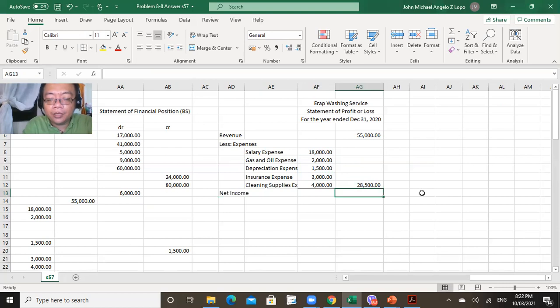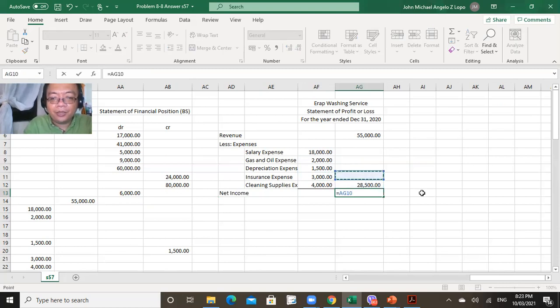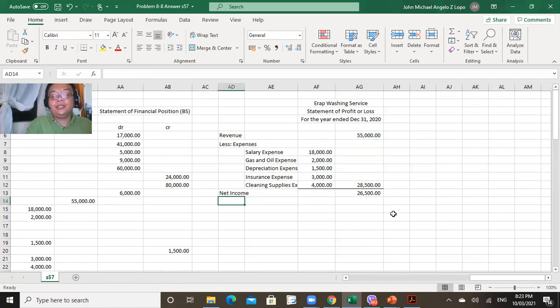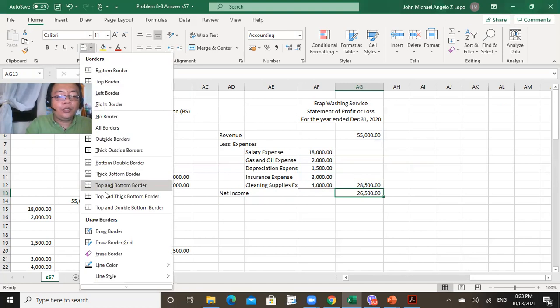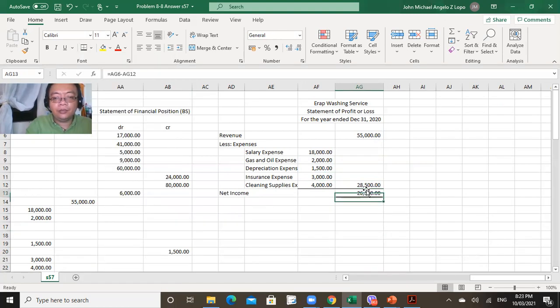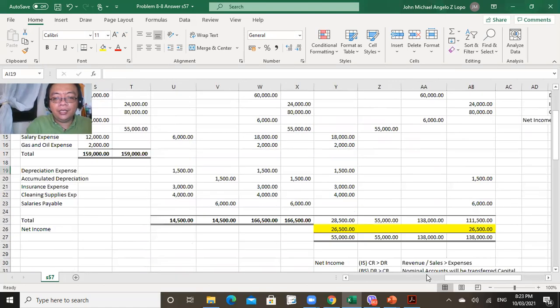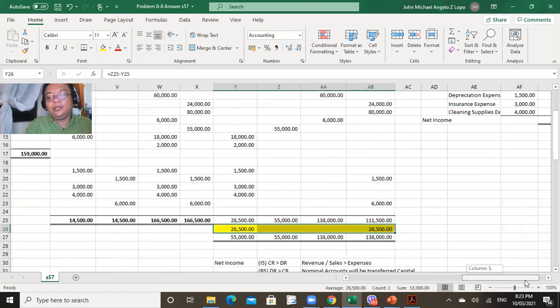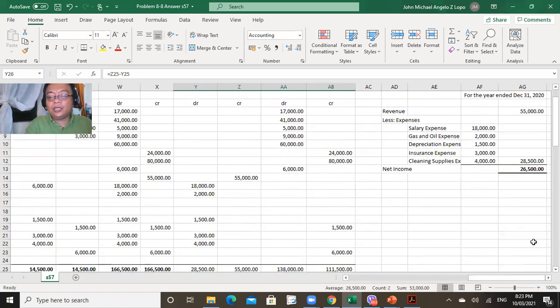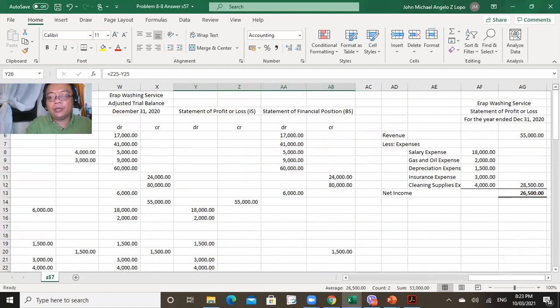Net income now is how much? It should be 26,500. Very good. Meaning your net income here at the bottom is 26,500. So you are correct that your net income is 26,500.